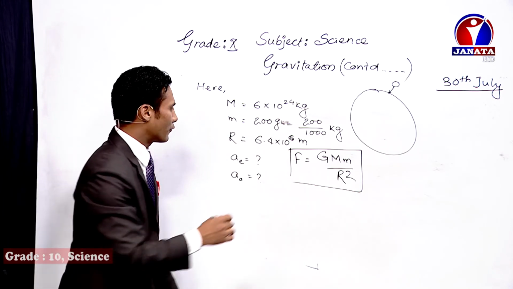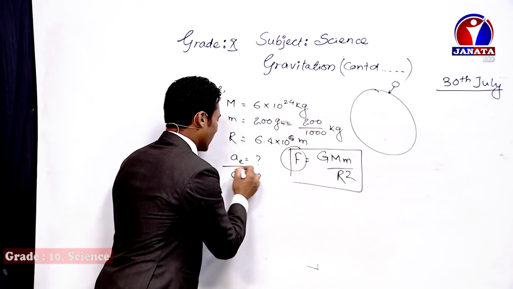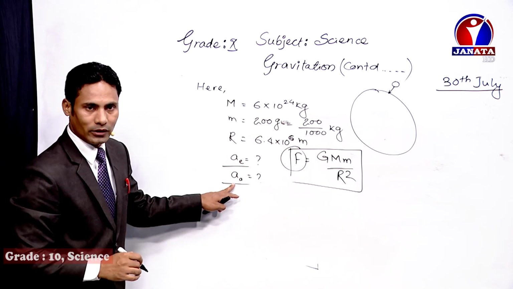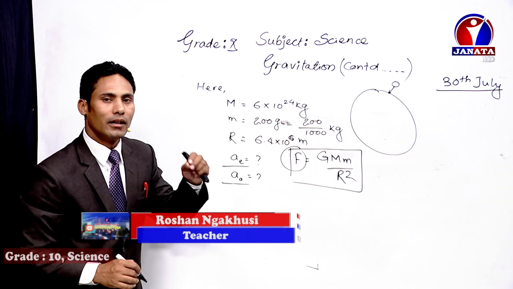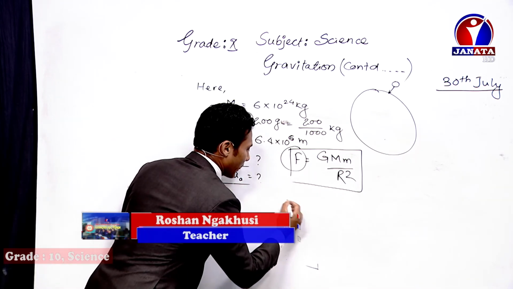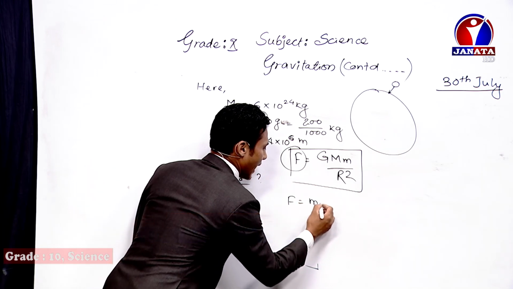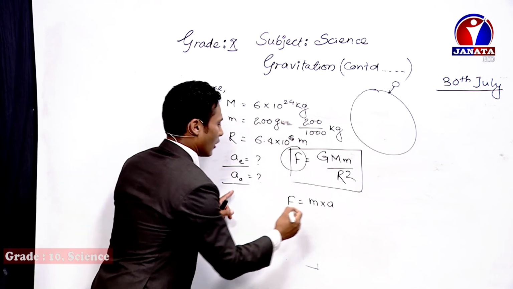And use this force for calculating the acceleration due to gravity of the apple towards the Earth and the acceleration due to gravity of the Earth towards the apple. That means this force equals m into the acceleration of the apple.